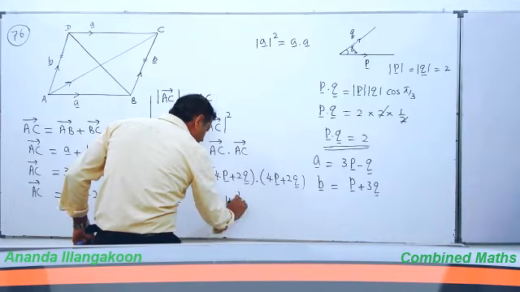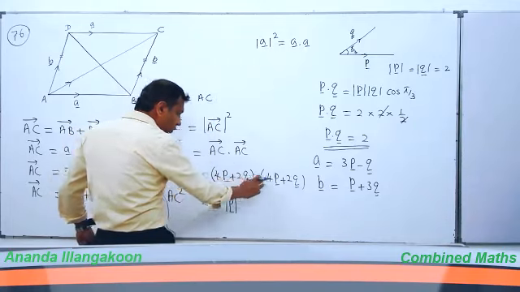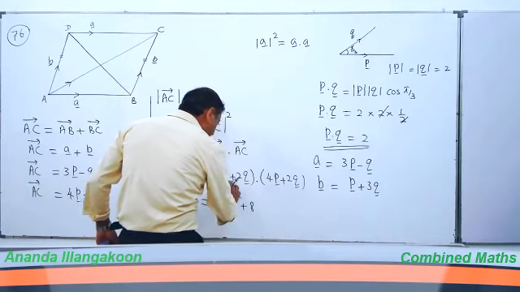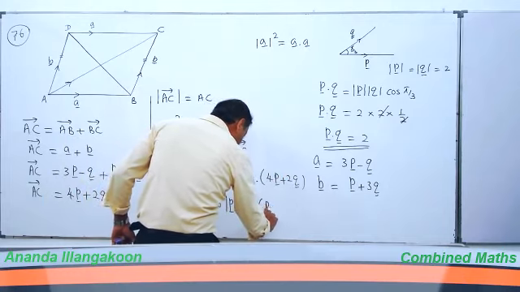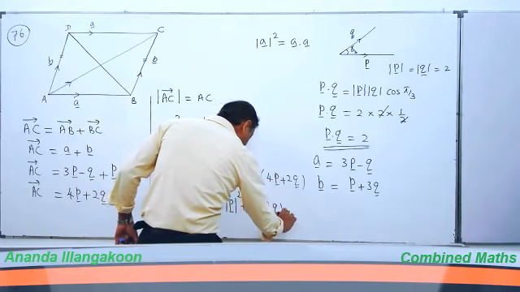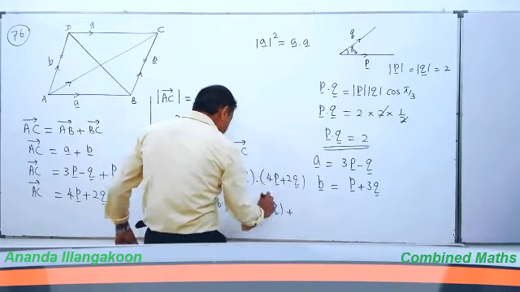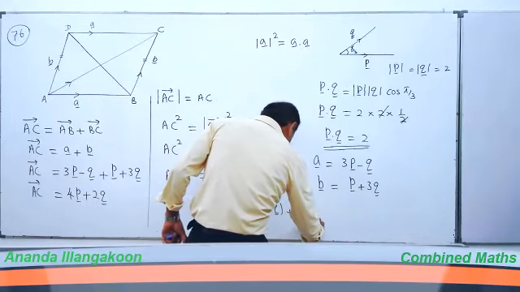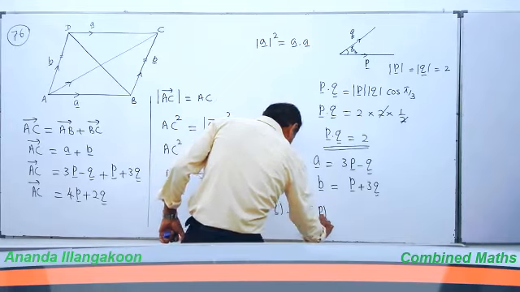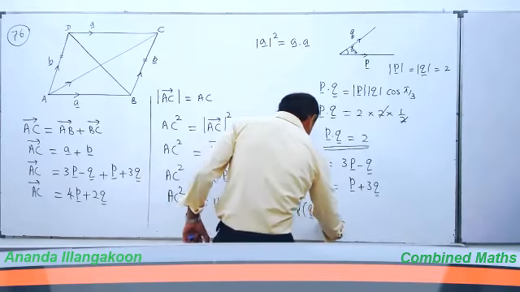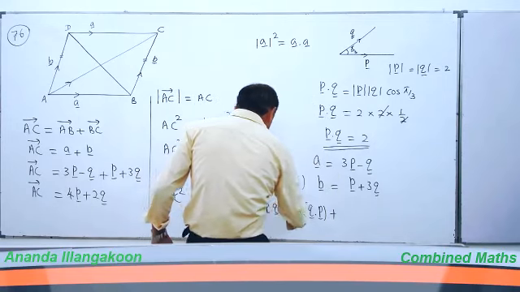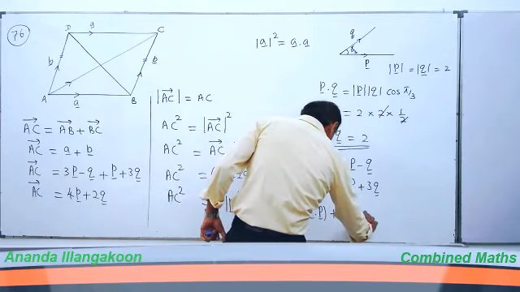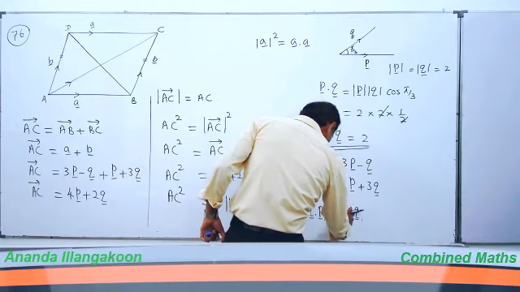This and this now, we take 4 and 2, 8 P dot Q. Next one, this and this, 8 Q dot P. And plus 2 and 2 make 4 Q dot Q. Q dot Q means mod Q perfect square.